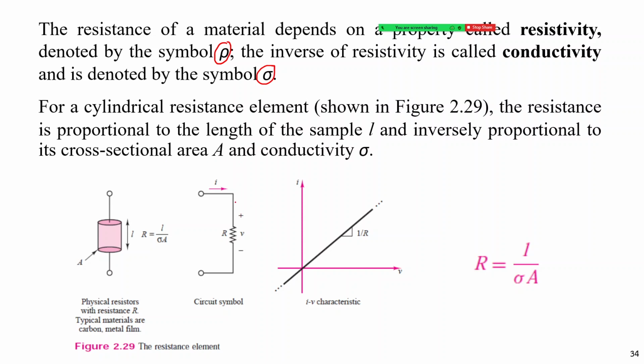So we can compute the resistance as L divided by sigma A, or equal to rho L divided by A, right? I think you can remember this equation, it's in the physics classroom, I think.